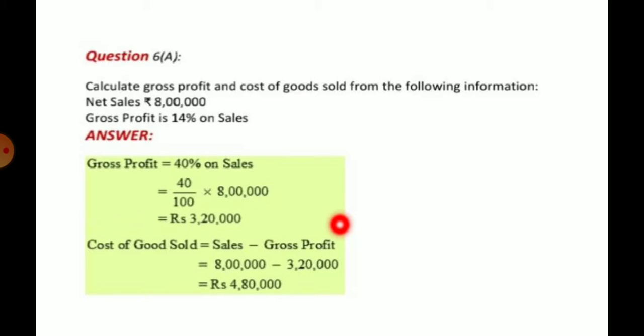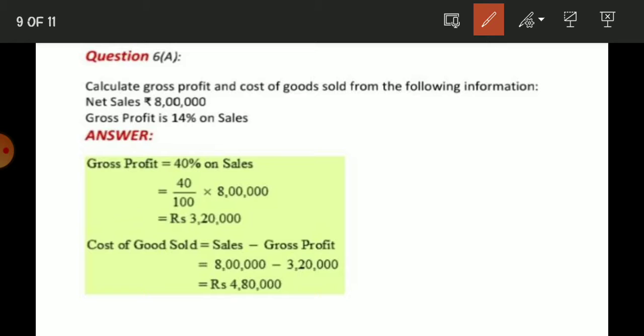Question number 6. Calculate gross profit and the cost of goods sold from the following information. Net sales will be 8 lakh and gross profit is 14% on sales. In this question it takes not 14%, it takes 40%.